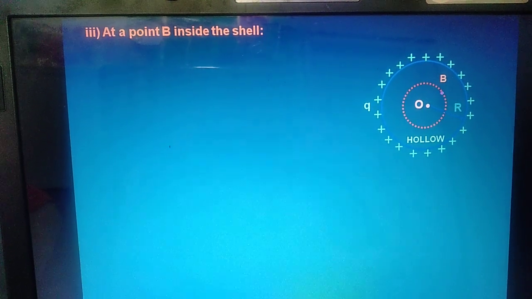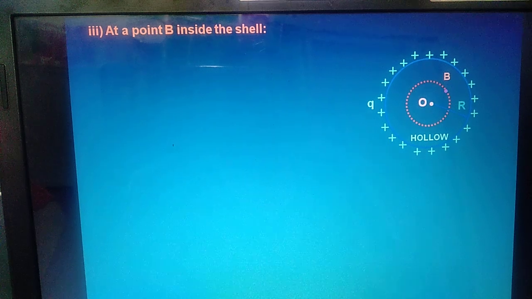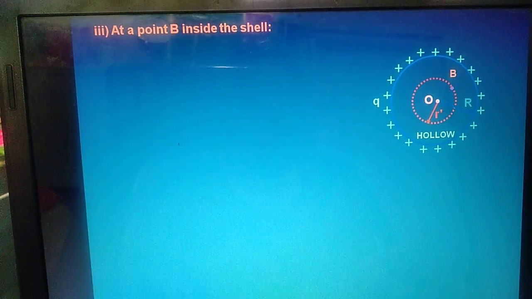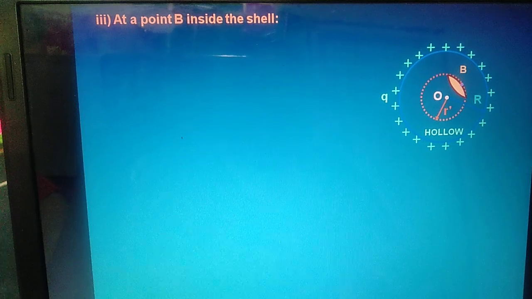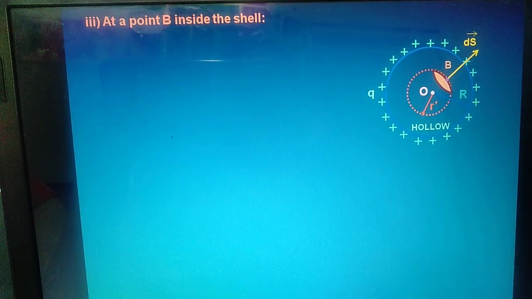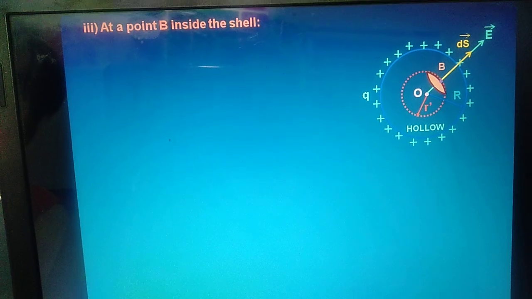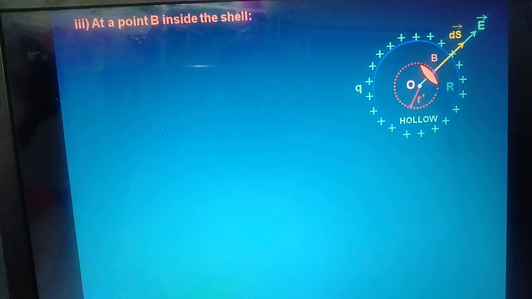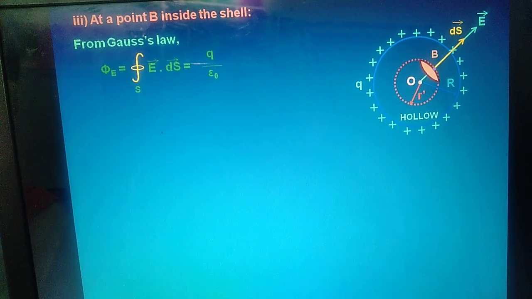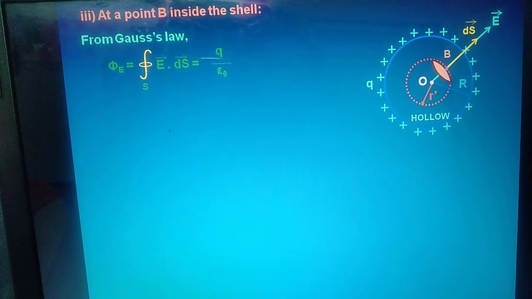See what happens according to Gauss's theorem. They have taken r dash as its radius, and ds is the area element of this Gaussian surface, and the electric field is in the outward direction. From Gauss's law, you know that the surface integral of E dot ds is equal to Q by epsilon naught.